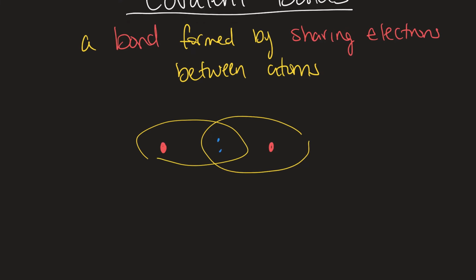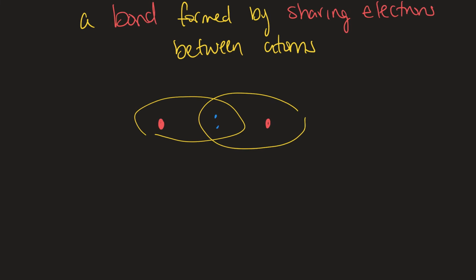And so unlike ionic compounds, when we talked about ionic compounds, for example, Na and Cl, right? We know that sodium has 1 valence electron, chlorine has 7 valence electrons, okay? And so due to a huge electronegativity difference, the electron of sodium is taken away and given to chlorine, all right?